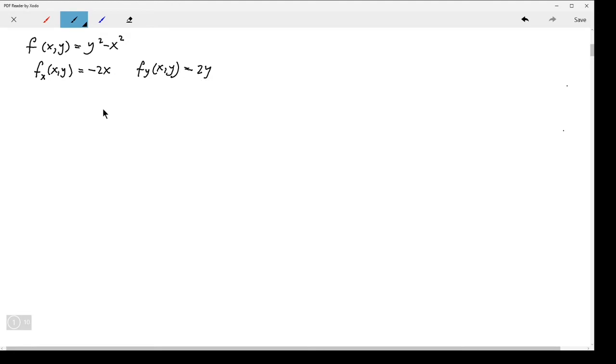So there are your first partials. If I set these equal to 0, that gives me x equals 0, and y equals 0, which gives me (0, 0) as a critical point.